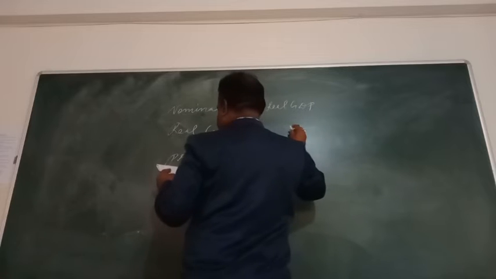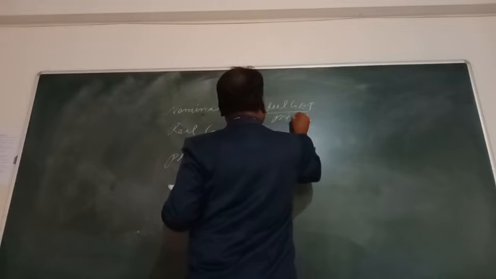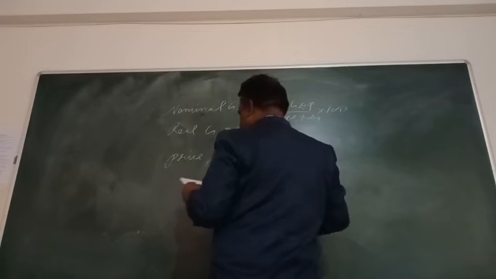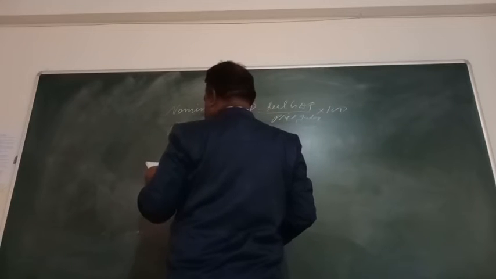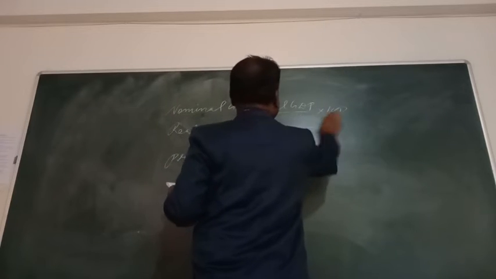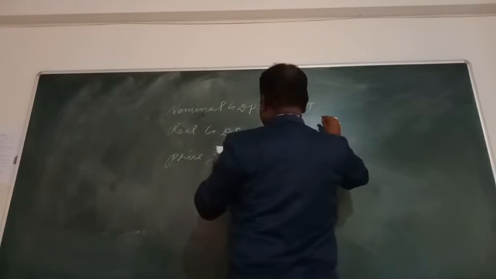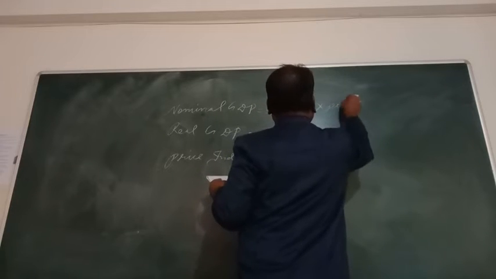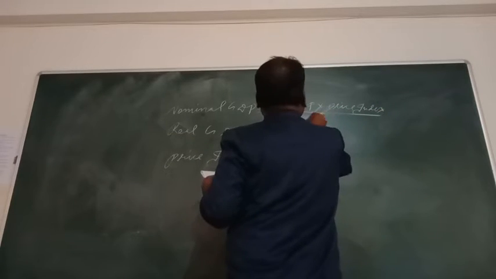Nominal GDP formula is real GDP multiplied by price index upon 100.